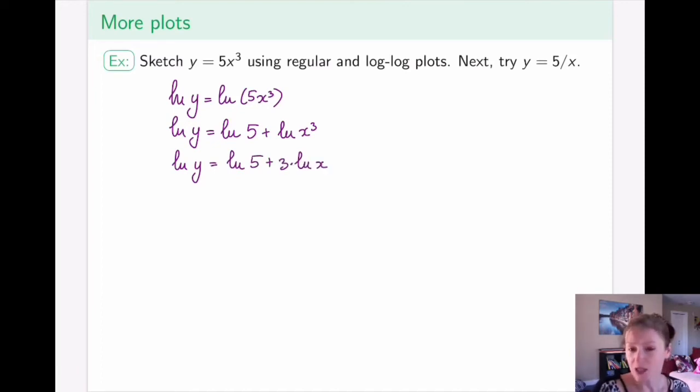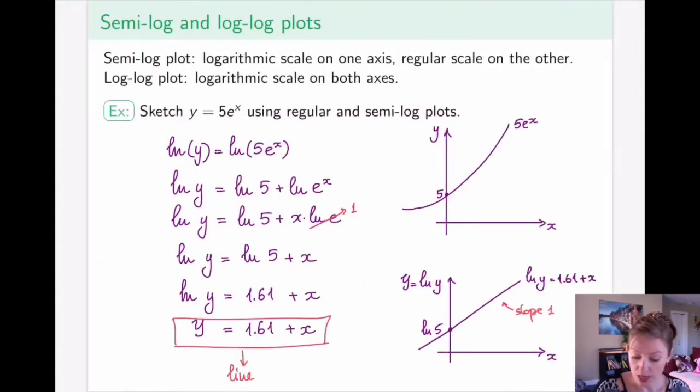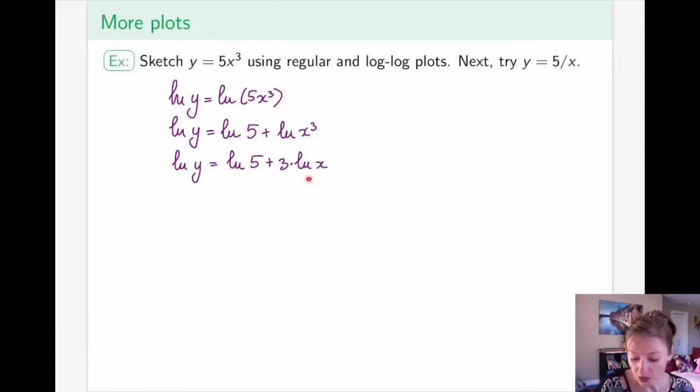And this is exactly where the difference is going to be. Remember last time, because it was ln of e to the power x, once x came down, I only had ln of e left, which was 1. Here, ln of x is going to stay as is. And this is what makes for a log plot, not semi-log, because both my x and my y are affected by the logarithmic function.